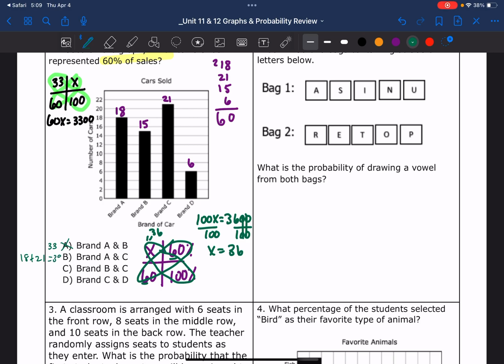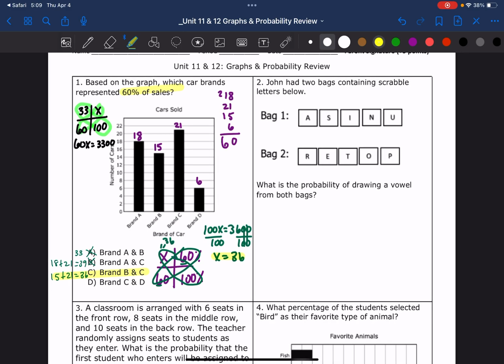That is going to be 39. That is also not correct. We need it to be 36. Let's look at B and C. B is 15. 21 is C. That is going to be 36. We have found our answer. Our answer is C because 15 plus 21 is 36. And we have found out that 36 is what we need it to be.